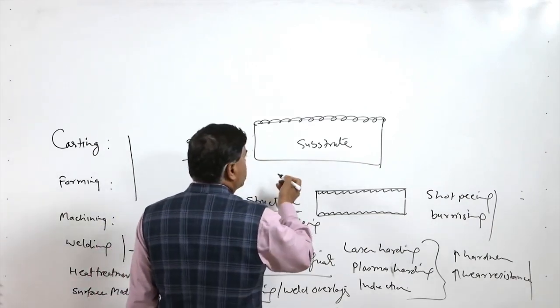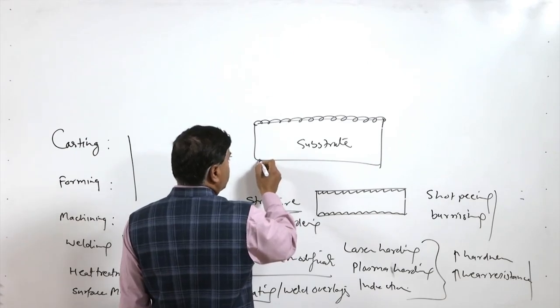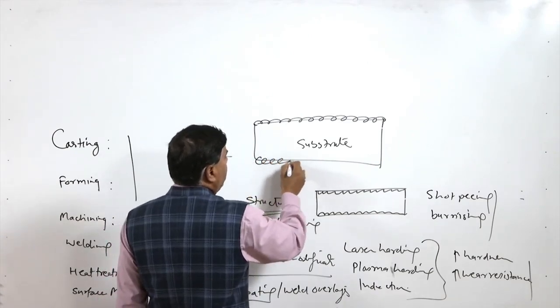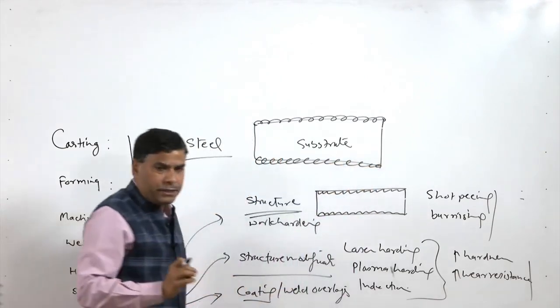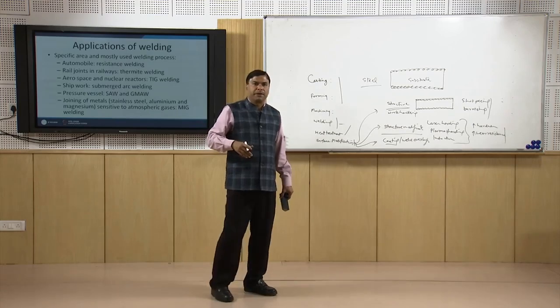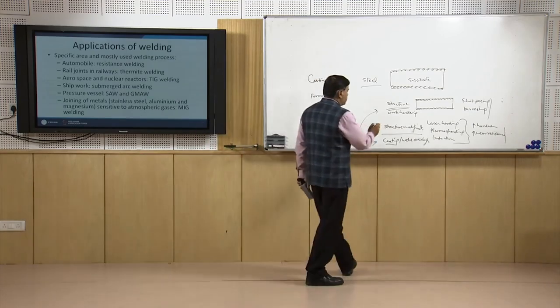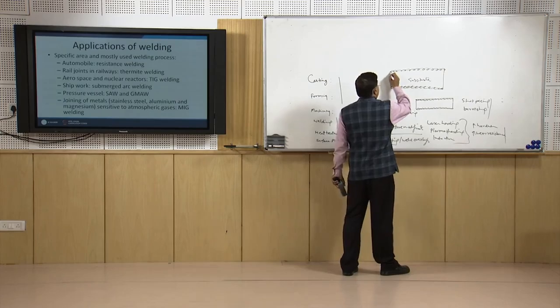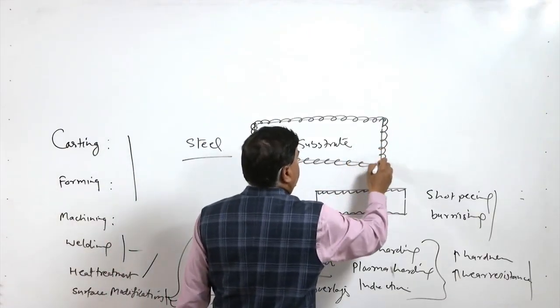If the corrosion resistance is poor, then we will be applying a layer of corrosion resistant material. So, the properties which a substrate material does not have are provided by applying materials having the desired properties, so that the functional surfaces have the desired surface properties.